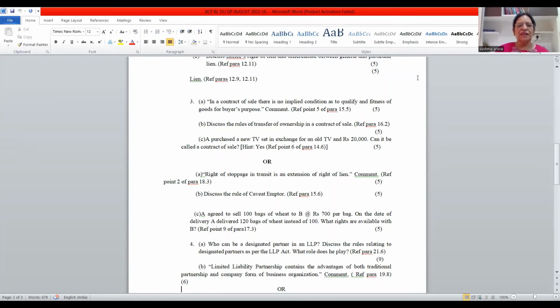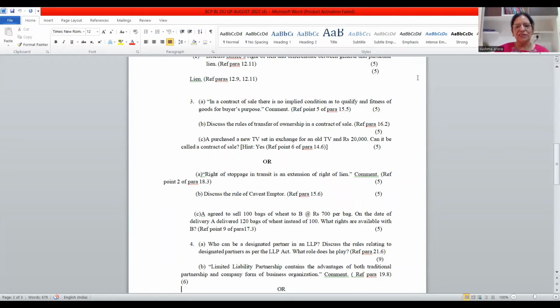Moving ahead, friends, coming to the choice question, right of stoppage in transit is an extension of right of lien. Right of lien is the right to retain the goods, which can be exercised by the unpaid seller so far as the goods are in the possession of the unpaid seller. Once the unpaid seller has lost the possession of goods, then he loses this right of lien also.